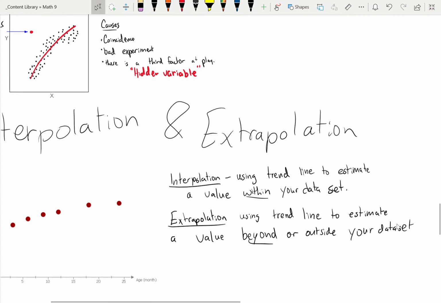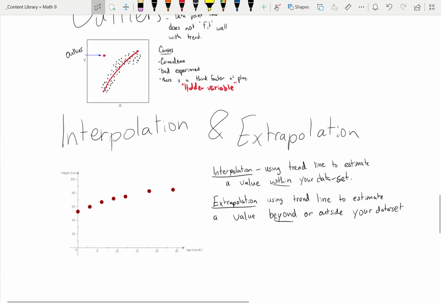Extra means outer, so like extra, think extraterrestrial for aliens, or outside of Earth. Extrapolation is outside of our graph, we're making an estimation.